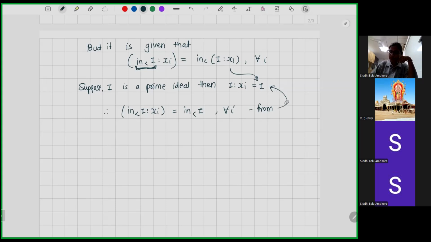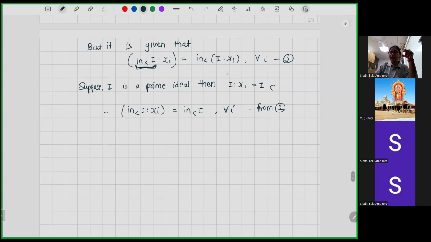Okay, or let me just name it. If I call this (1), then from (2), is this okay? I am just substituting this I colon xi to be I here, and I get this similar statement.